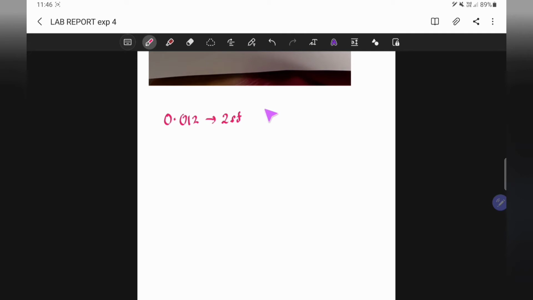Why? Because we may write the answer as 1.2 times 10 to the power of negative 2. It is still the same. So the 0 digits in front are not significant. Insignificant. Okay, now a number like 102.